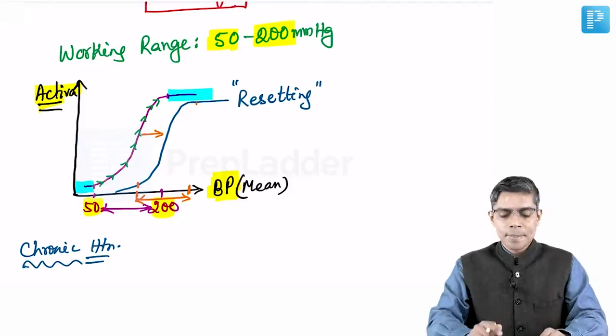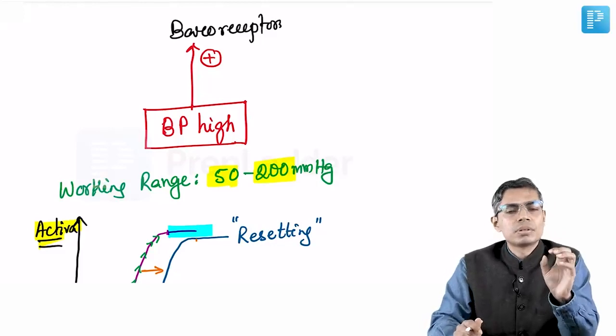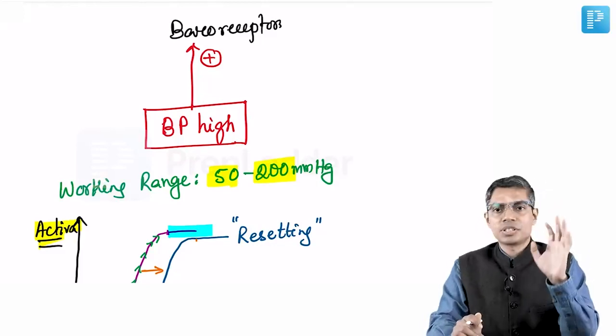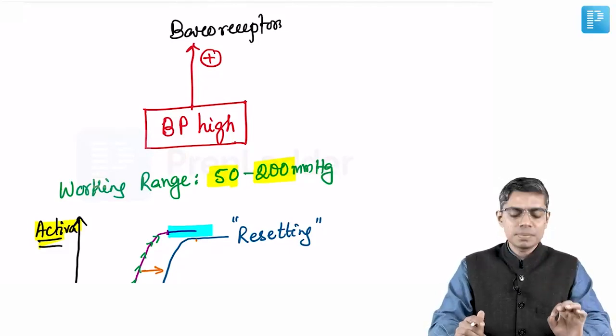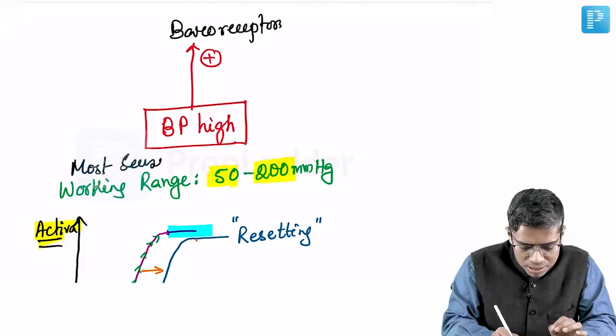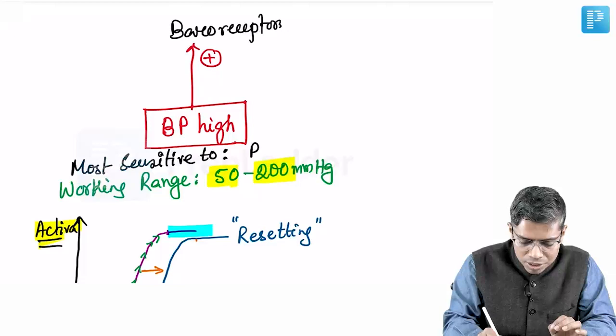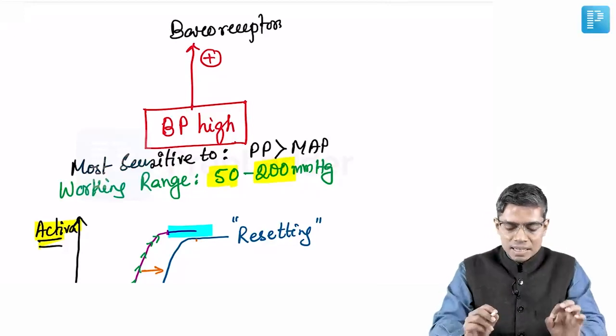So the baroreceptor responds to mean blood pressure, and it also responds to pulse pressure. But please note down, the baroreceptor is most sensitive to pulse pressure, greater than mean arterial pressure.